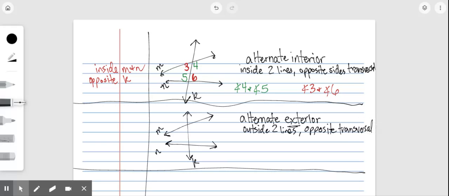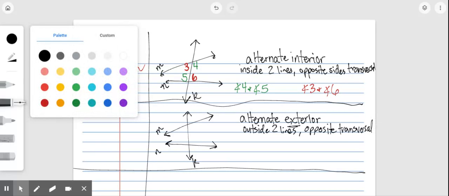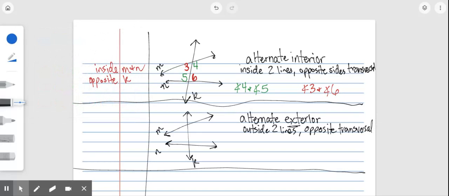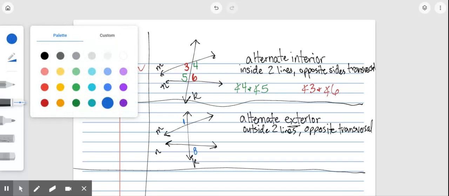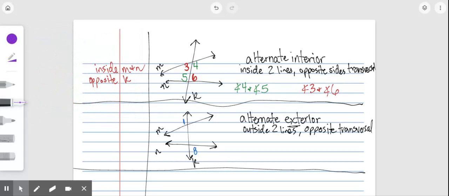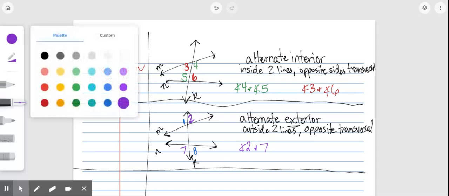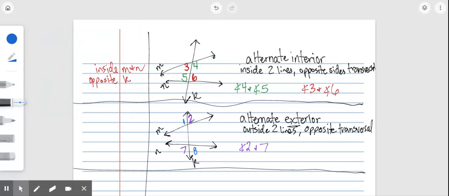So these two are going to actually be angles 1 and 8, and angles 2 and 7. So angles 2 and 7 and angles 1 and 8.